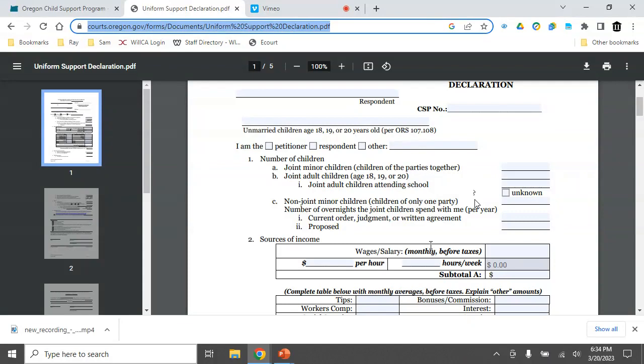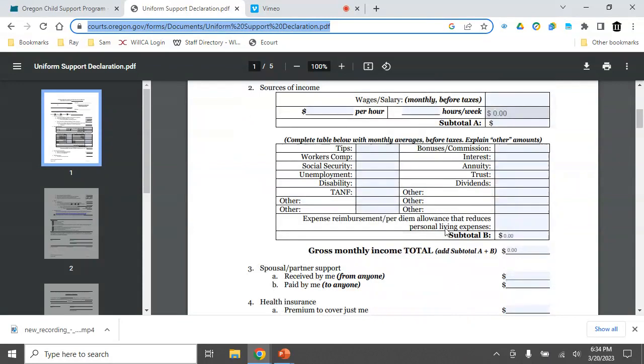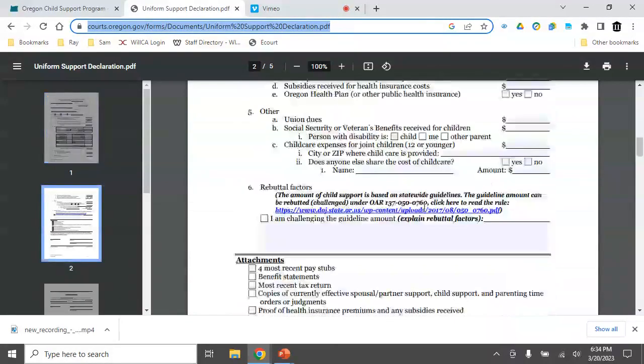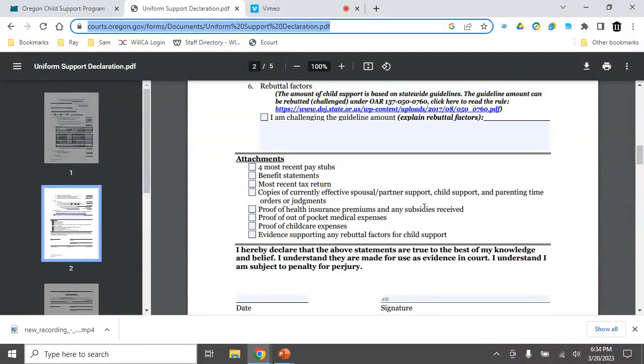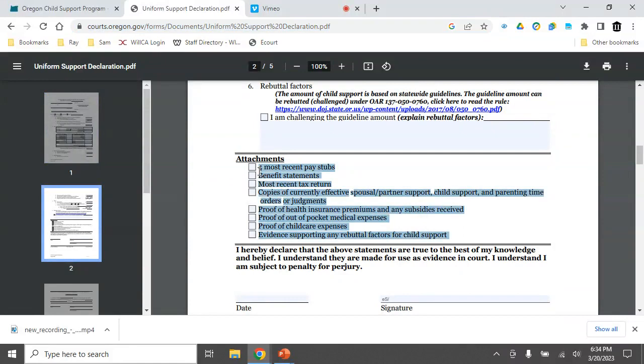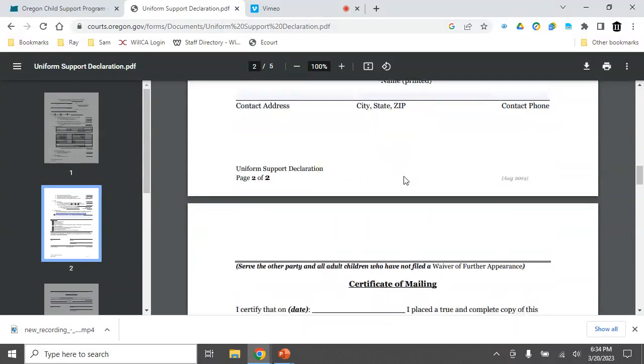So your income, everything that I listed in the factors is going to be on here. So you fill this out, and you can see that it asks for attachments. You attach the attachments that you have, and then you send it to the other side and you file it with the court, so the judge will have it.